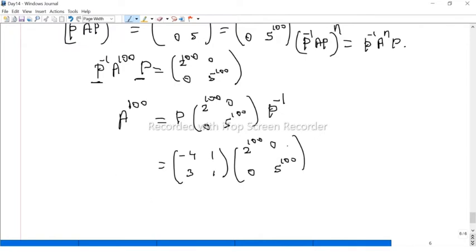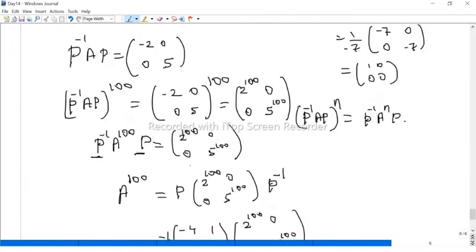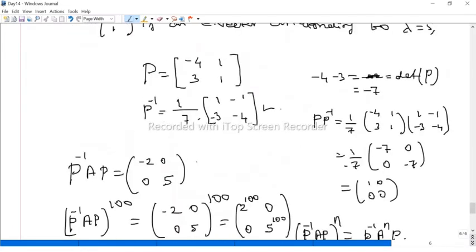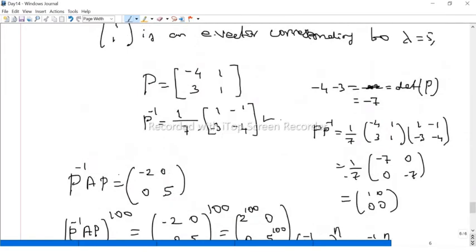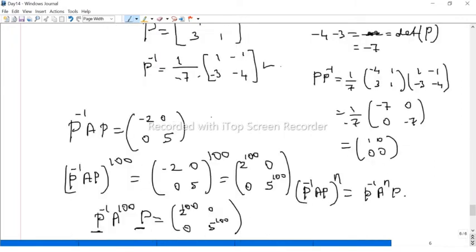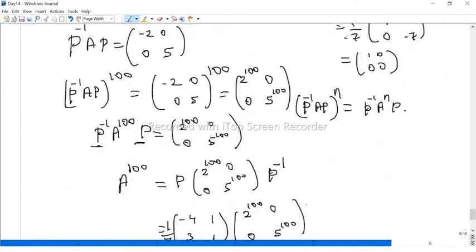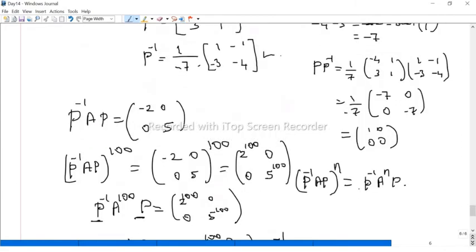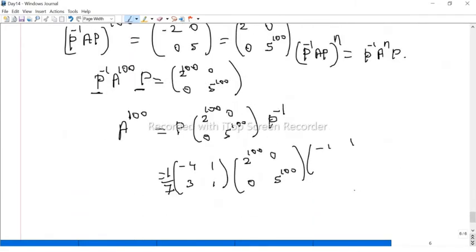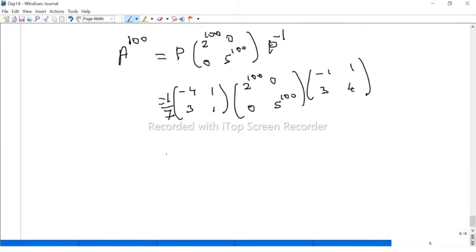You can multiply the minus inside, and I am taking the 1 by 7 outside, therefore 1 by 7 times the matrix. Multiplying the minus inside, the first row is minus 1, 1, and the second row is 3, 4. I think I'm correct. Now this is a 2 by 2 matrix, so we can easily find the product.